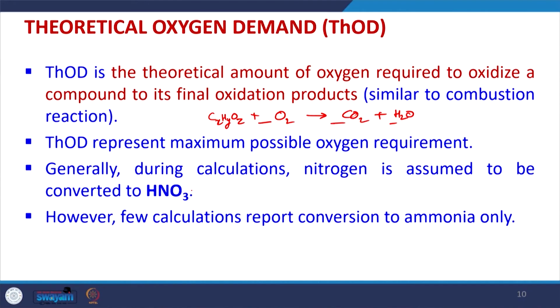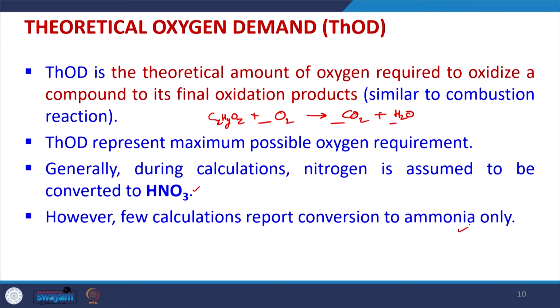Then there are certain precautions which have to be taken. Generally, whenever a THOD value is reported, for any nitrogenous compound present, the nitrogen is assumed to be converted into HNO3. In a few calculations, they report the conversion to ammonia only.